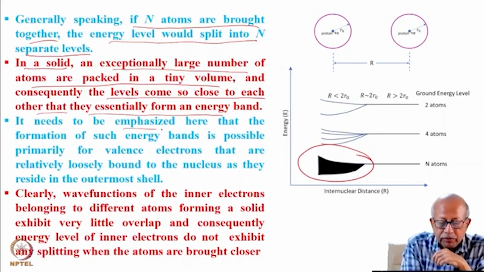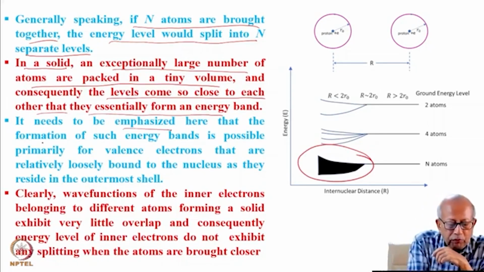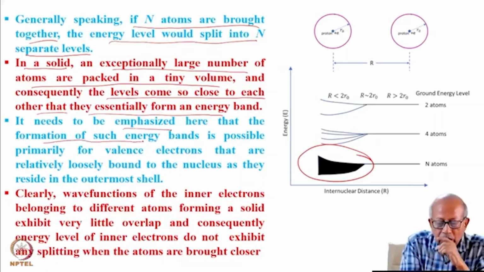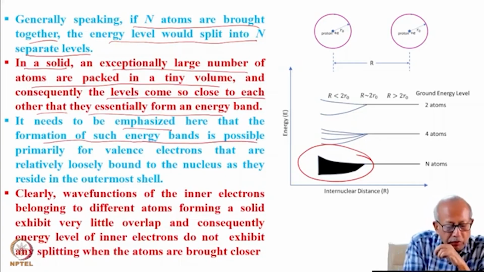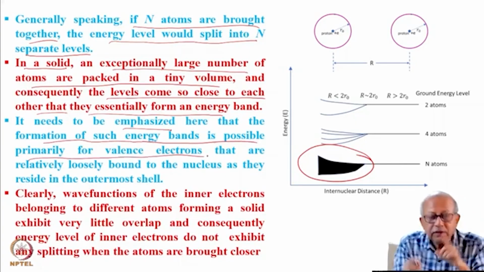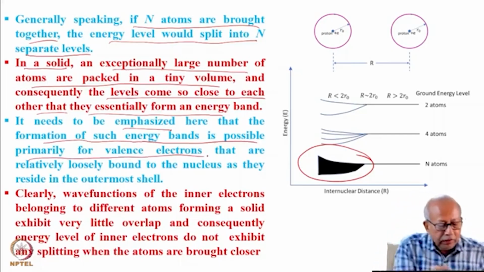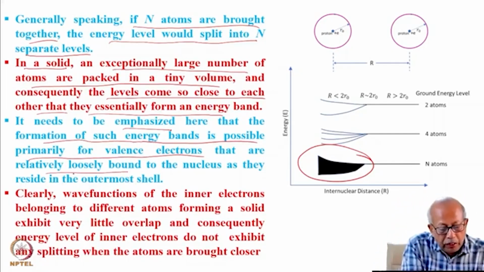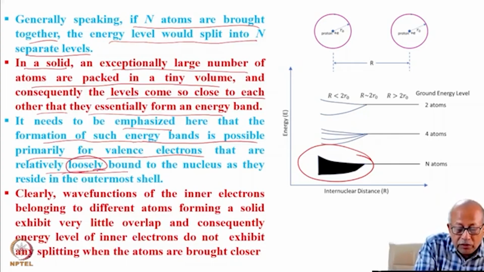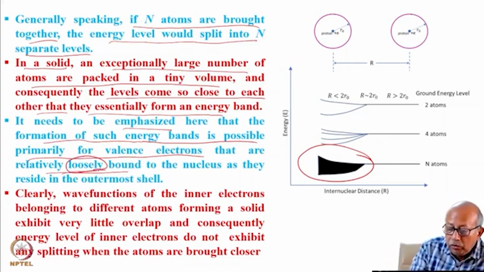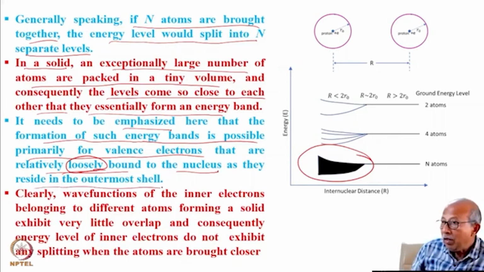It needs to be emphasized here that the formation of such energy bands is possible primarily for the valence electrons, which are relatively loosely bound to the nucleus, as they reside in the outermost shell.